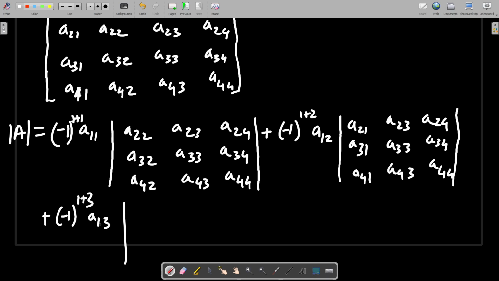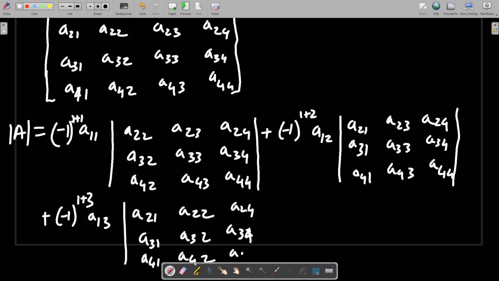So delete the first row and third column. What remains is A21, A22, A24, A31, A32, A34, then A41, A42, A44.